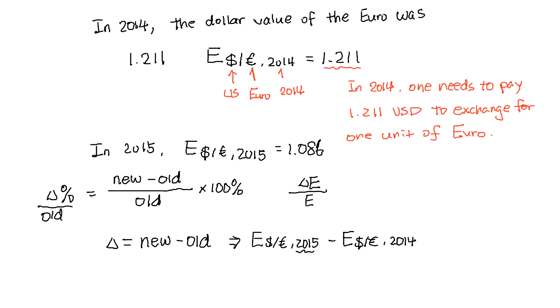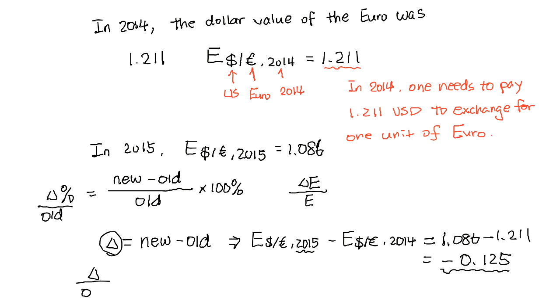And this is equal to, right? So if you do the algebra, this is equal to minus 0.125. So this is the change in level. So we need to divide the change by the original value.